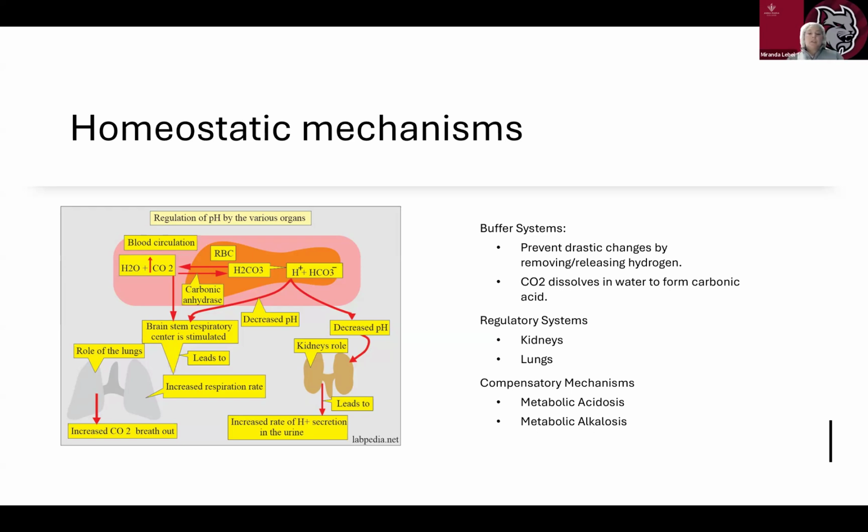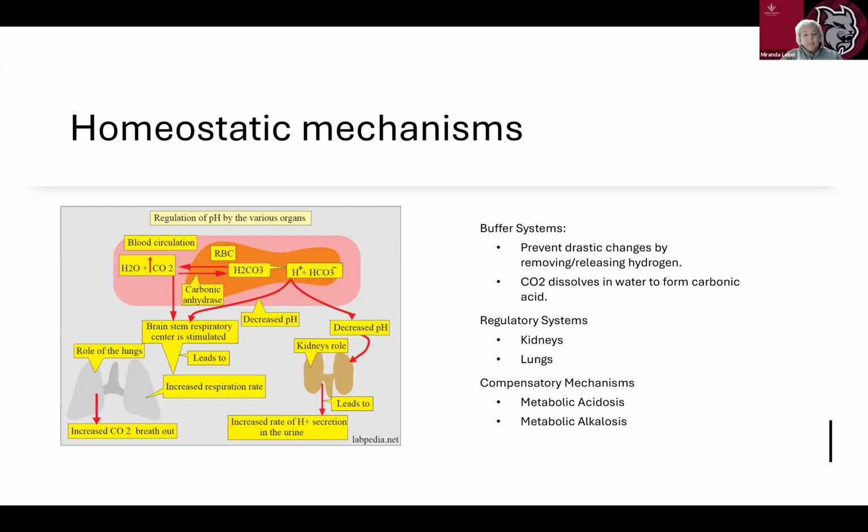And then similarly with the lungs, it regulates CO2 levels by ventilation adjustments. Increased PaCO2 stimulates respiration, and the influence of PaO2 is less significant than PaCO2. So for metabolic acidosis, we have an increased respiratory rate, and for metabolic alkalosis, we have a decreased respiratory rate.